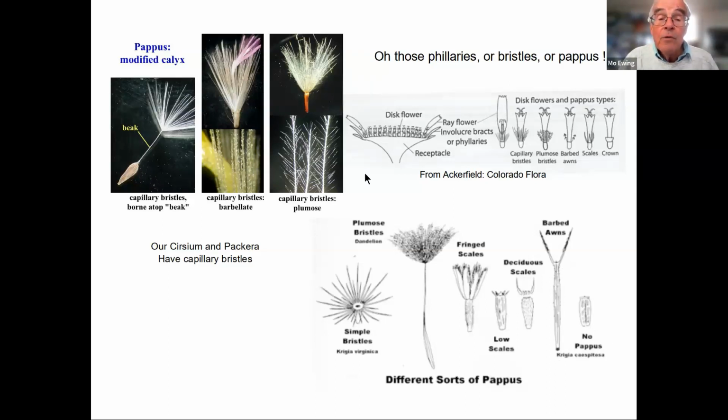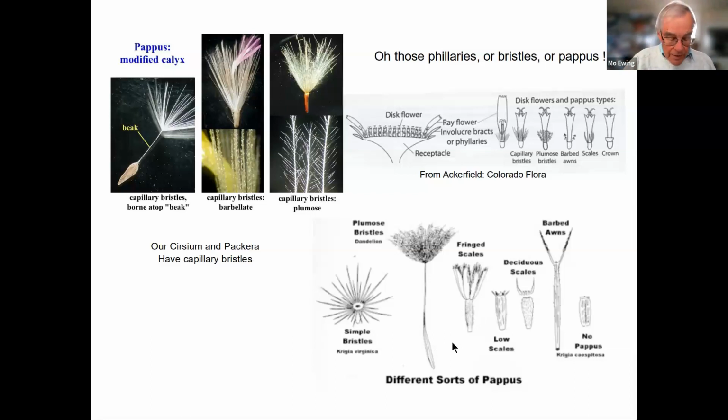So you have one group that is capillary, and then the other one is everything else: scales, crown, barbed awns, or no pappus. Okay, so just keep this in mind now.